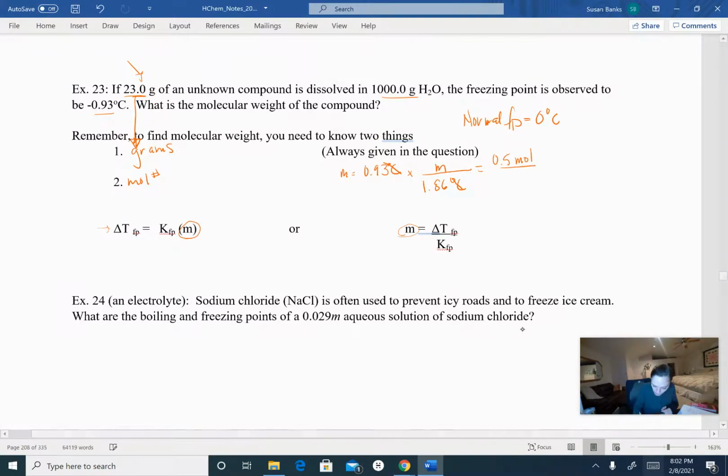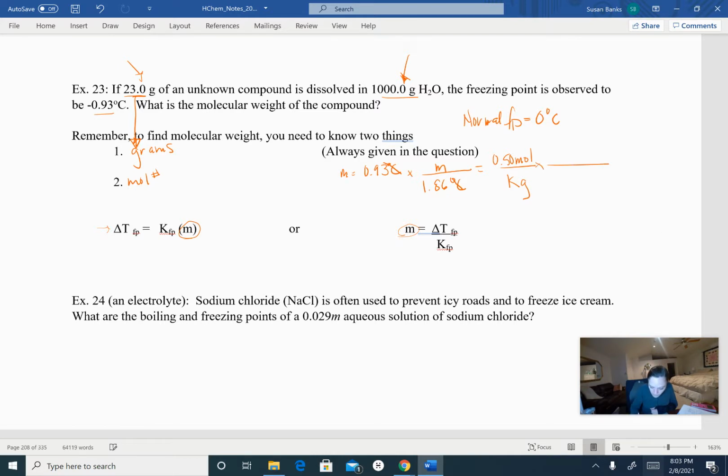And if you remember, a 0.5 molal solution, let's see, I have 2 sig figs, is moles per kilogram. Wasn't I given that I have 1,000 grams of solute?